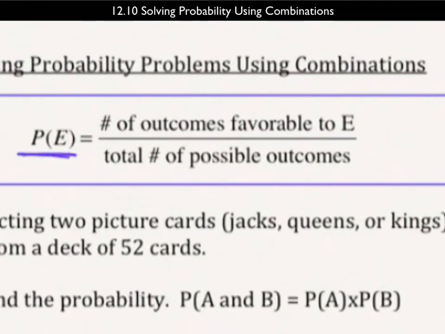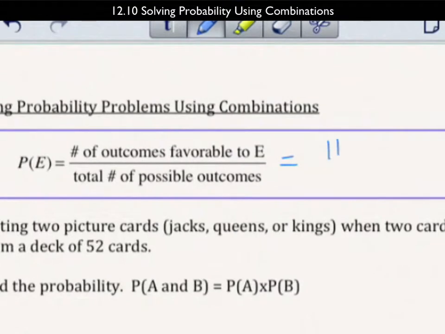Well, the probability of an event is the number of outcomes favorable to the event divided by the number of total possible outcomes. So this basic formula for probability never changes, and it doesn't matter what type of probability you're doing. It's always the number of E over your total number.